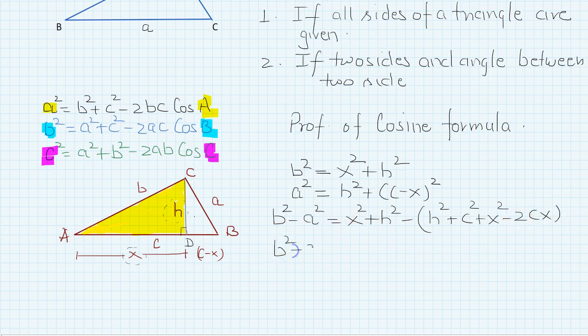So b square minus a square is equal to x square plus h square minus h square. Now this all will become opposite signs: minus c square minus x square plus 2cx.